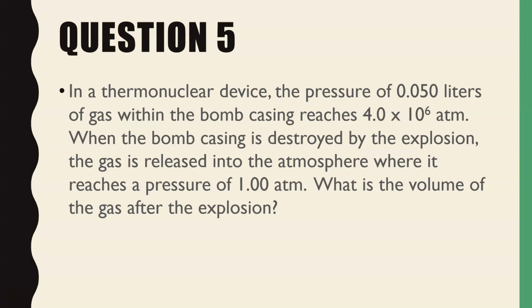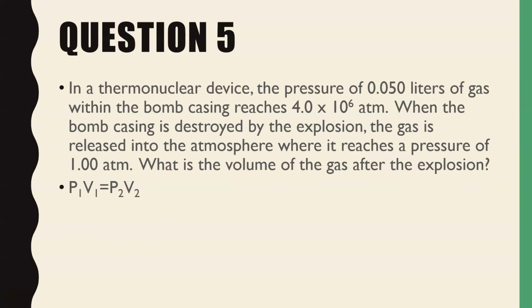What is the volume of the gas after the explosion? So pause this video and come back when you have an answer. All right. You should have gotten an answer of 2.0 times 10 to the 5th liters. If you didn't, let's see where you went wrong.